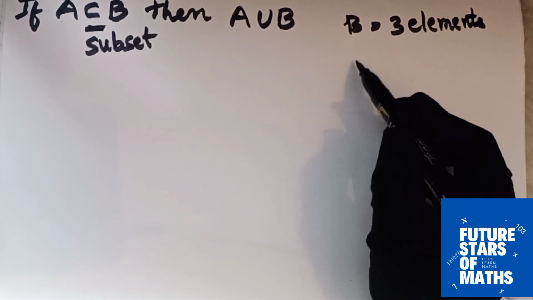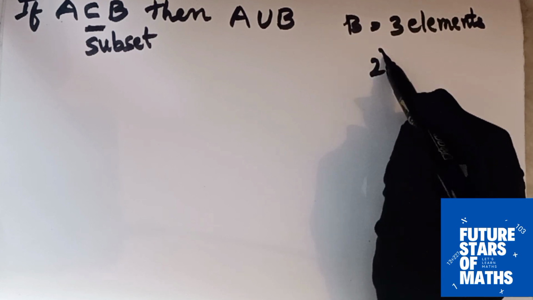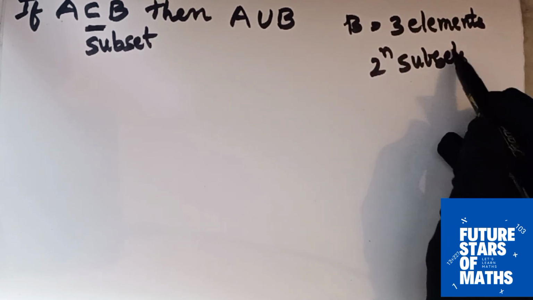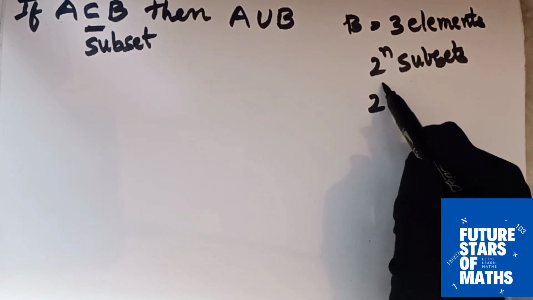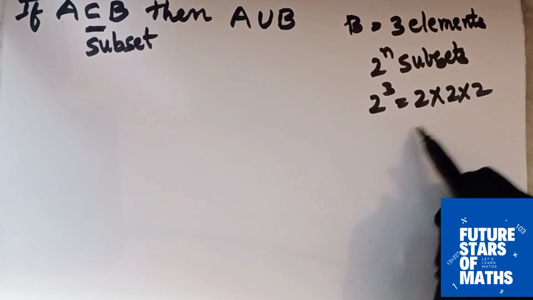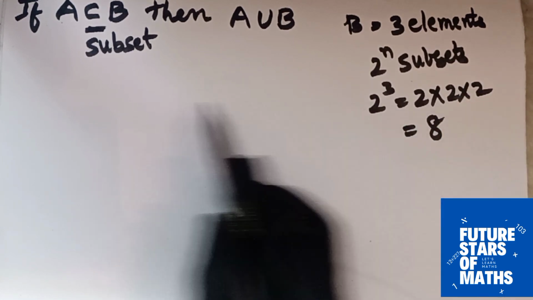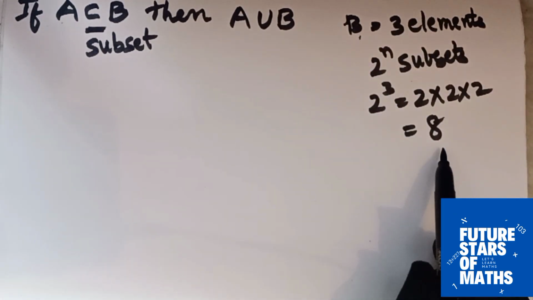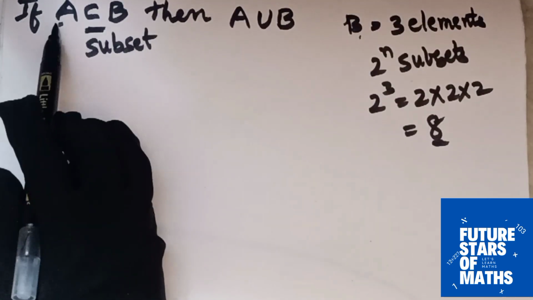Do you know, students? We will get 2 power n subsets, where n is the number of elements, that is 2 power 3 equal to 2 into 2 into 2, that is 8 subsets. If a set contains 3 elements, we will get 8 subsets. Among these 8, any one can be A.